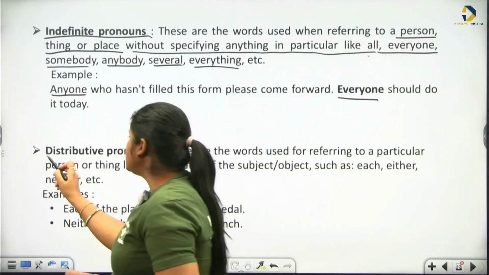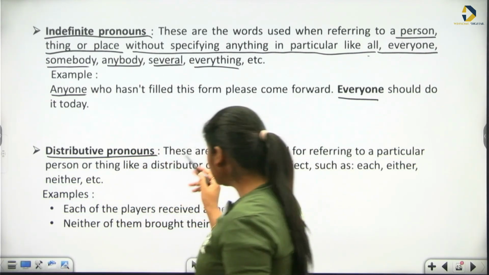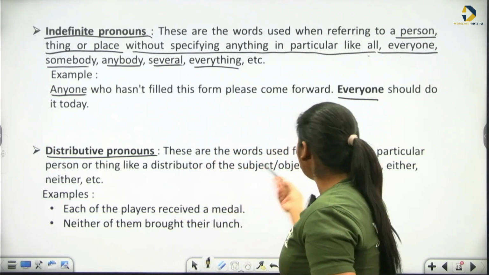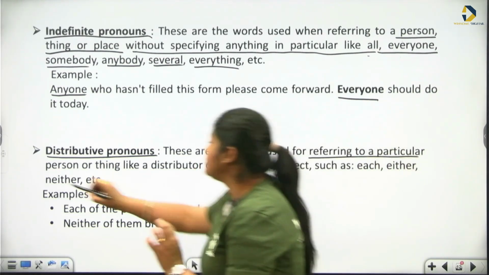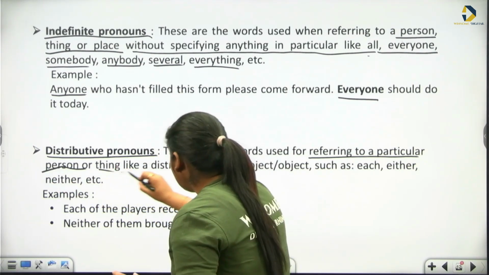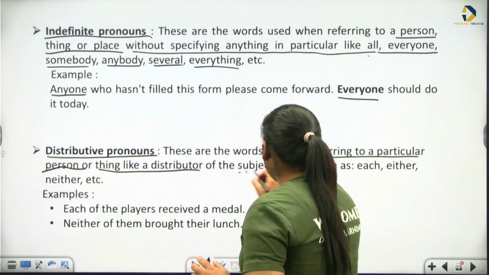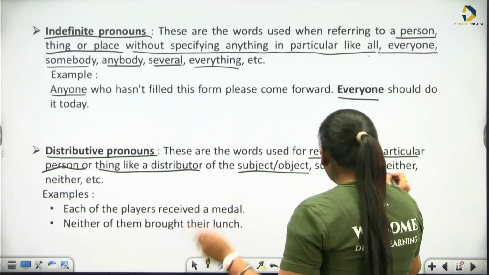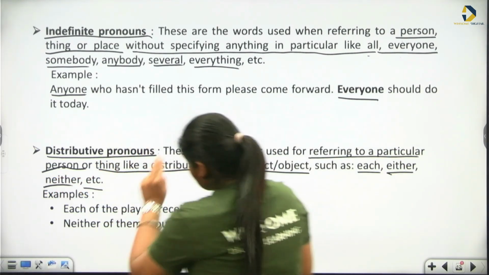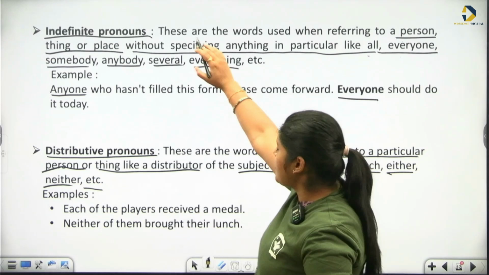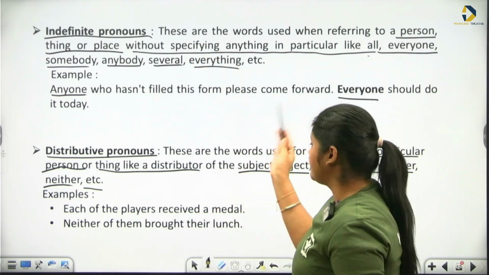Now another one is distributive pronoun. See, these are the words used for referring to a particular person or thing, like a distributor of the subject or object, such as each, either, neither, etc. Now see, indefinite pronoun and distributive pronoun are two different things.